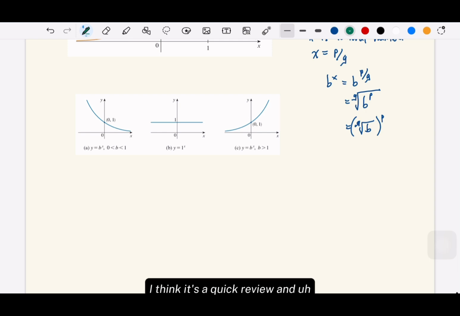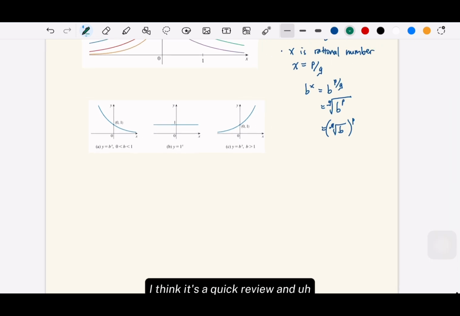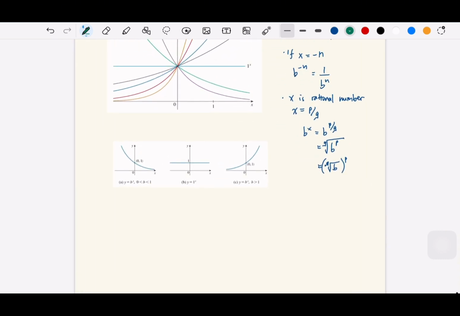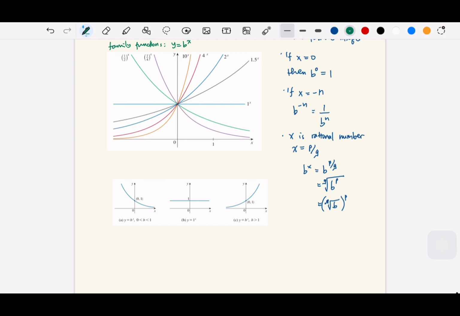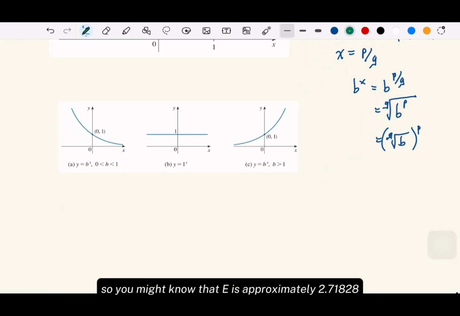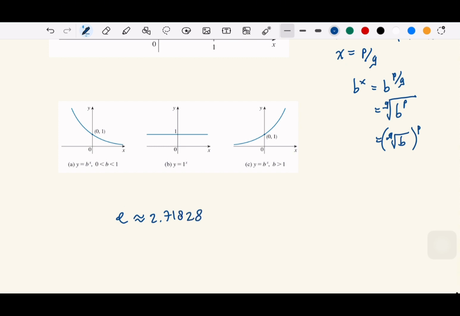I think just a quick review, and the unique one in this exponent, as I think you have learned, is the number e, right? The Euler number. You might know that e is approximately 2.71828.